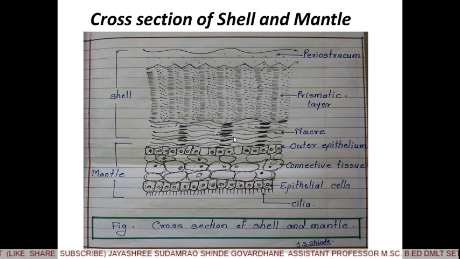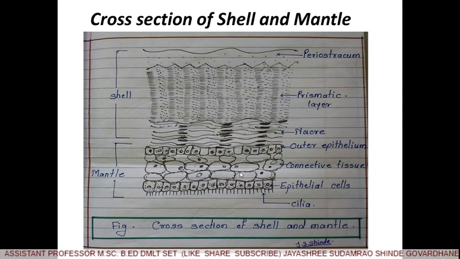Beneath the shell and covering the body lies the thin skin, also called mantle. See here, this is the mantle. This mantle layer is very thin. It is present beneath the shell and above the body mass, covering the body mass.